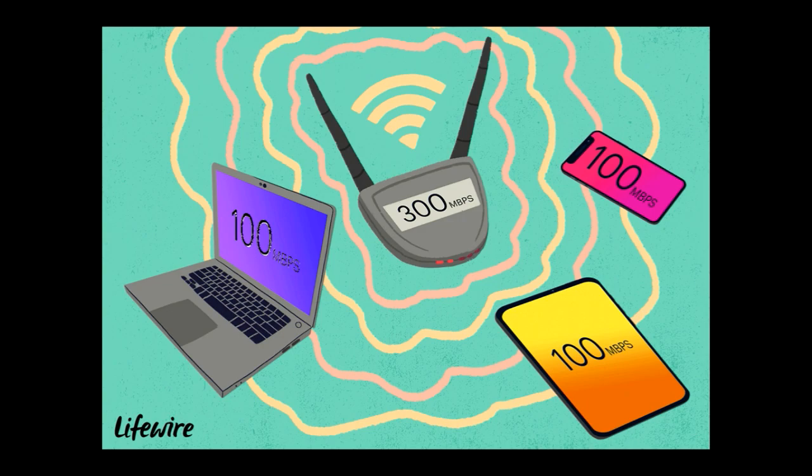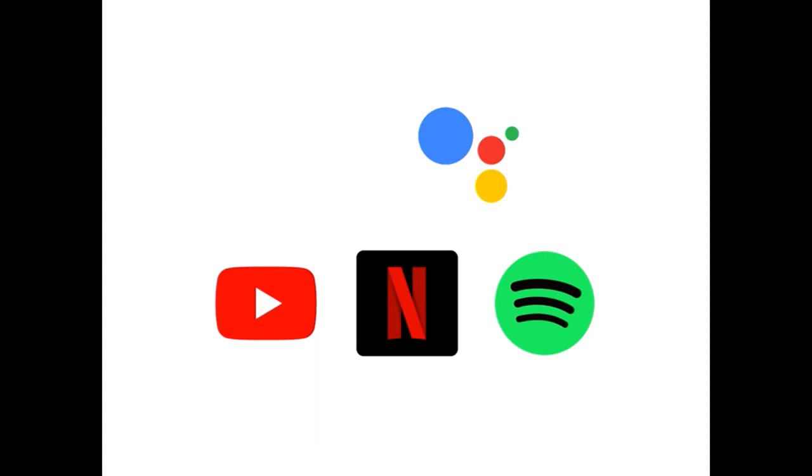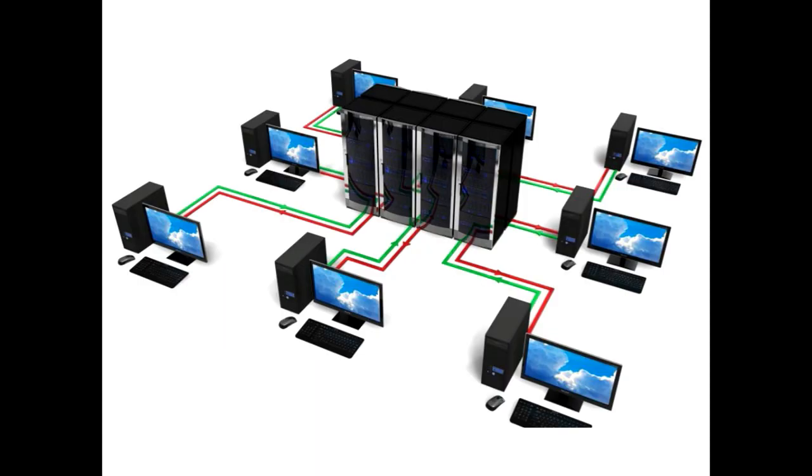The device itself might not be able to fully utilize the speed due to slower device components. And 4. The server which you are connecting to, like Google, YouTube, Netflix, Spotify, or even your company server, might not support such high speeds due to limitations on connection speeds allocated to each user or due to a high number of people connecting to the same server at the same time.